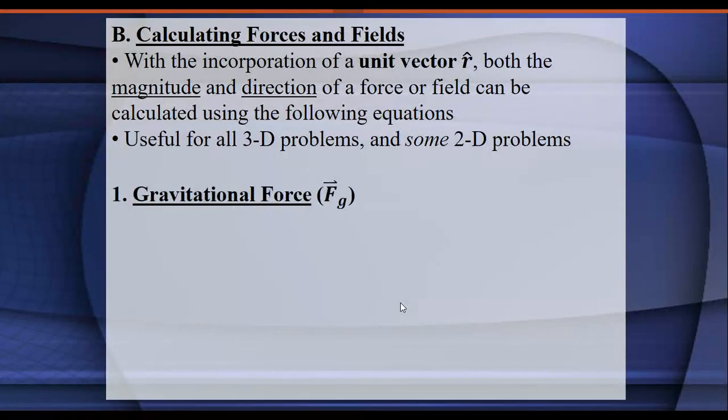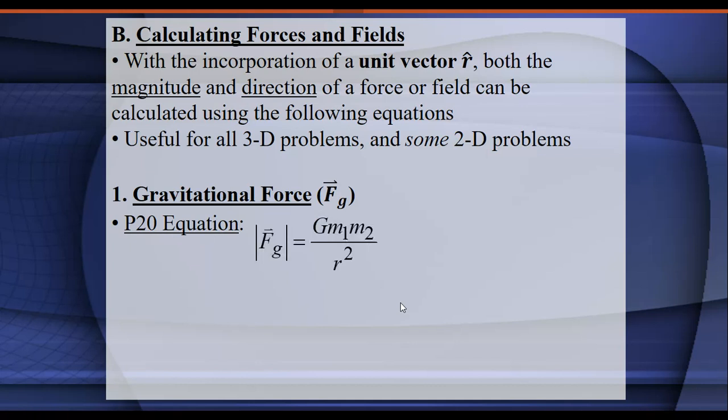Okay, so let's start with the gravitational force, Fg. Now, in physics 20, the equation only calculates the magnitude of this force. So the magnitude of the gravitational force would be the gravitational constant, capital G, times m1 m2. Typically, m1 we say is some larger planetary mass, potentially, and m2 is a smaller mass.